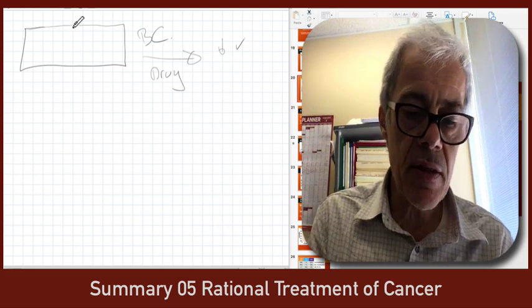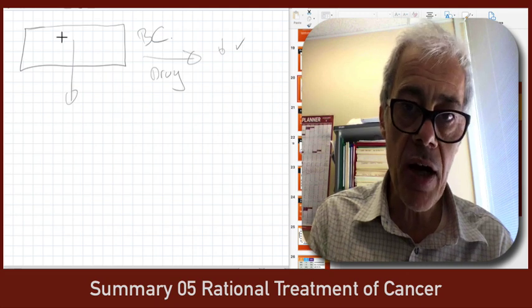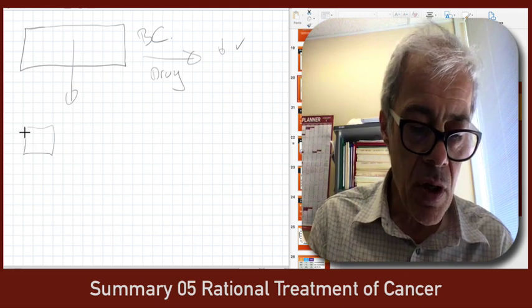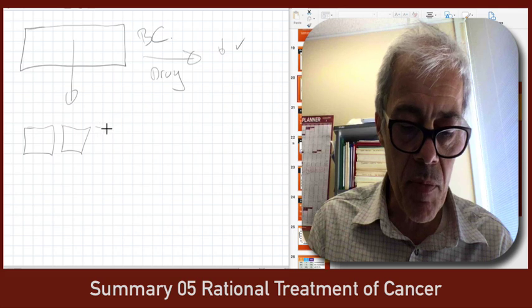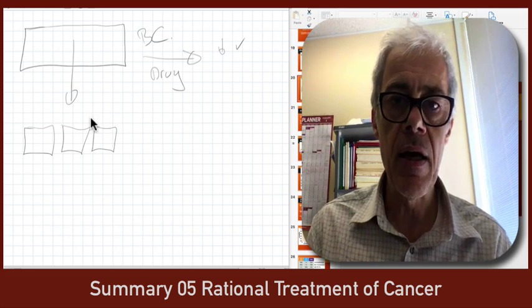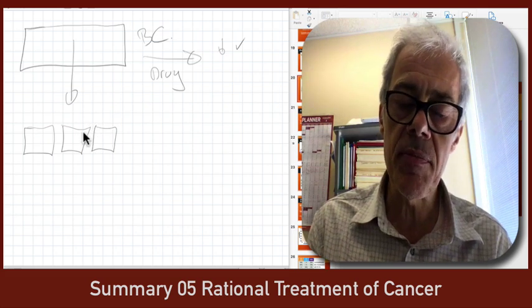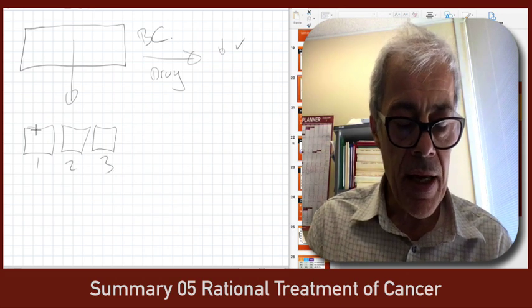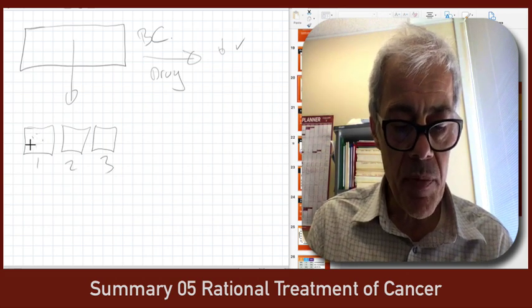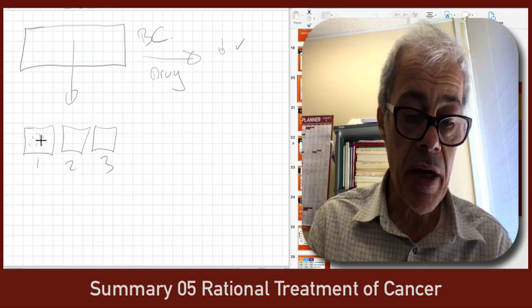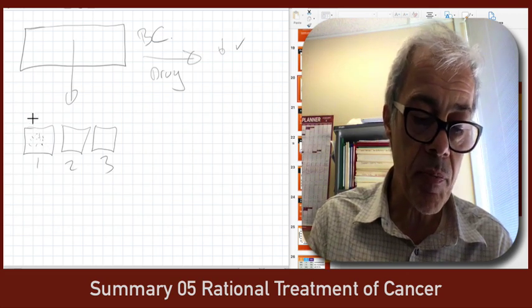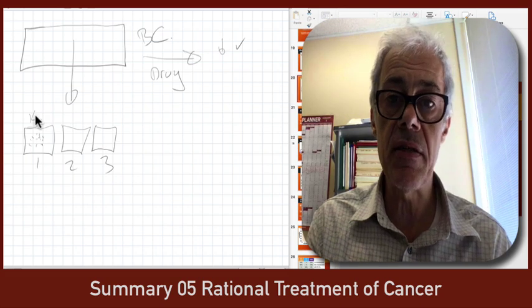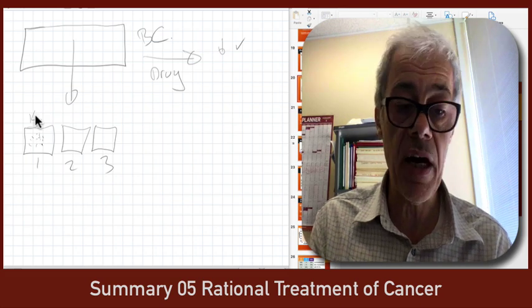If you can break this large population up into subpopulations, and by subpopulations I'm thinking subtypes, people who have similar cancers, so this is type 1, type 2 and type 3, then the biopsies from these patients are more similar. So it's more likely that these people have a kinase that's been inactivated, for argument's sake, a particular kinase.